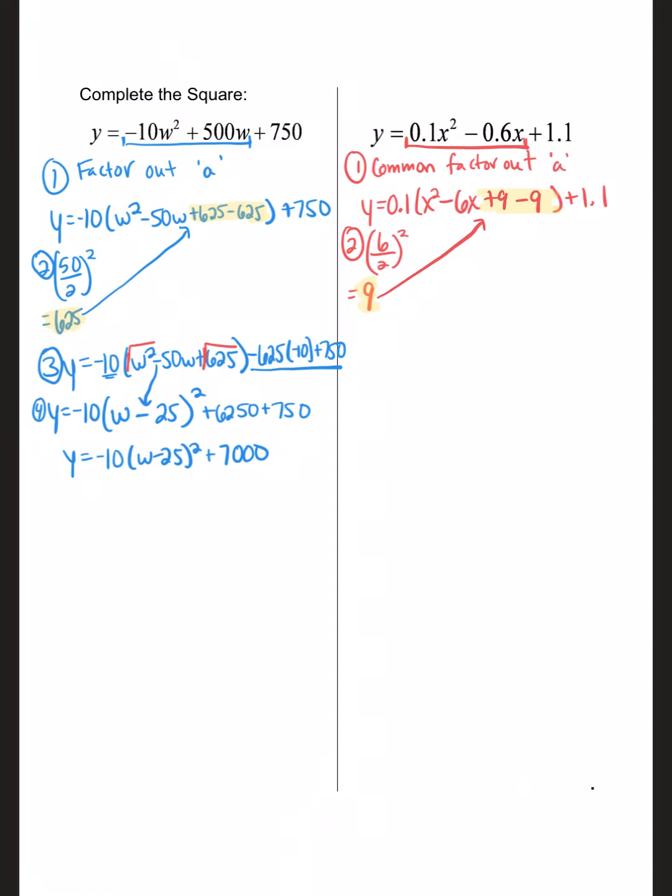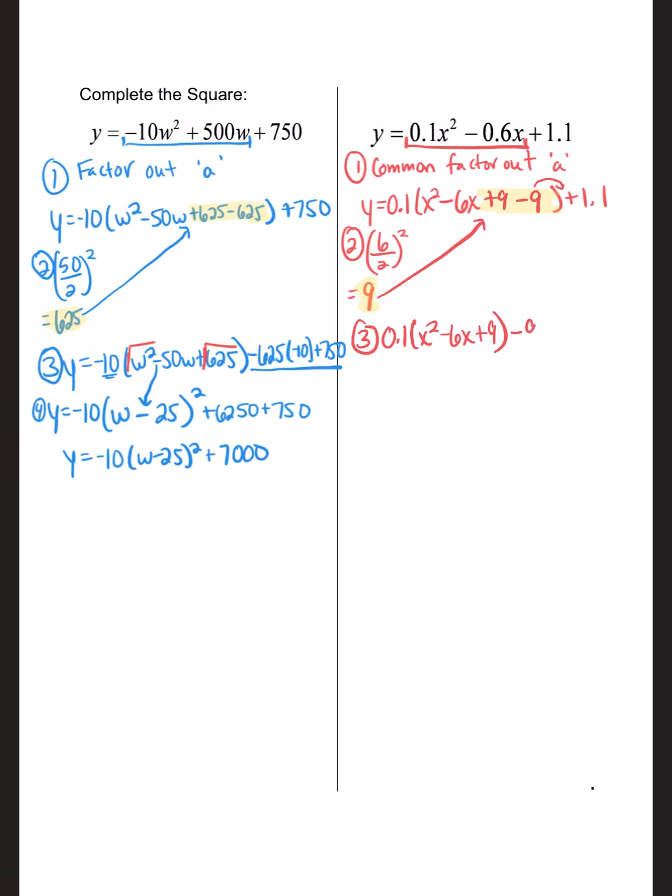Okay, so that was step number 2. Step number 3, we're going to remove that negative 9 to the outside of our bracket. So I have 0.1 times x squared minus 6x plus 9. So I've created that perfect square trinomial.